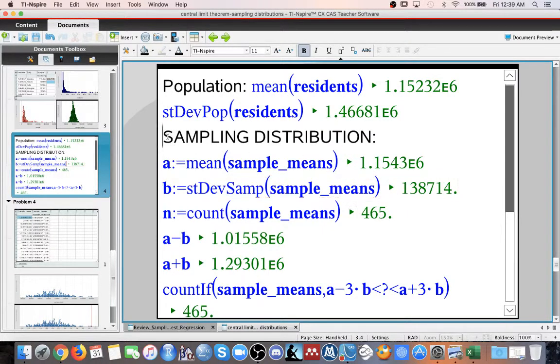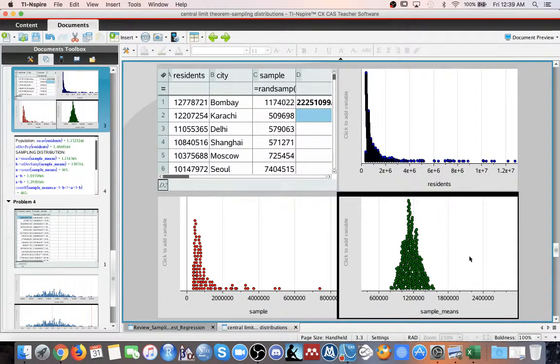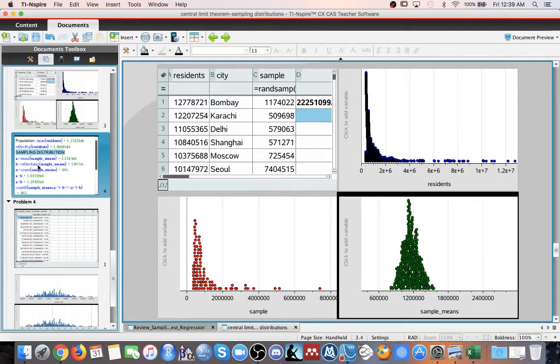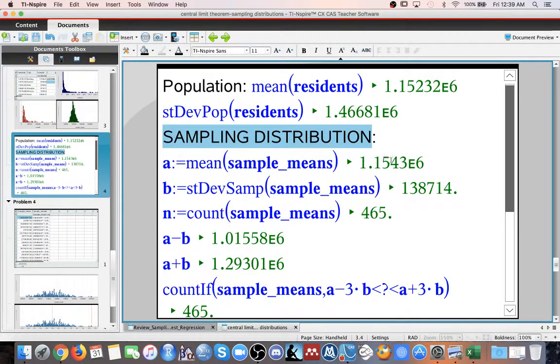And if we look at the sampling distribution, this green picture here, and we think about the sample means, the mean of those sample means is 1.15 million. The standard deviation is much lower. This is what we want.